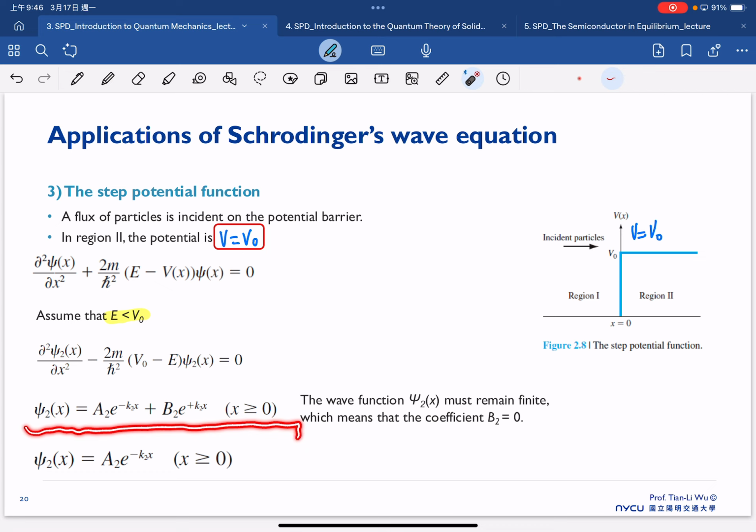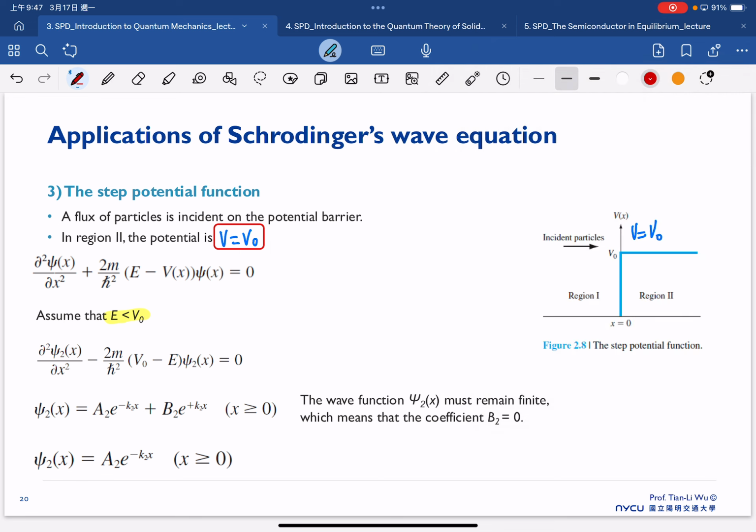However, the wave function phi 2(x) must remain finite, because it cannot increase to infinity, since the wave and particle here must be finite. That means the coefficient B2 must be equal to 0, right?